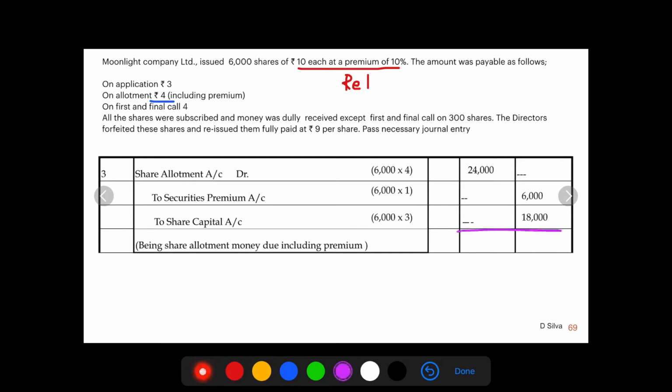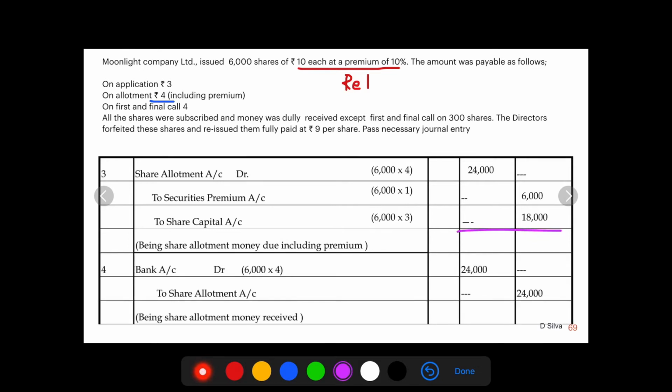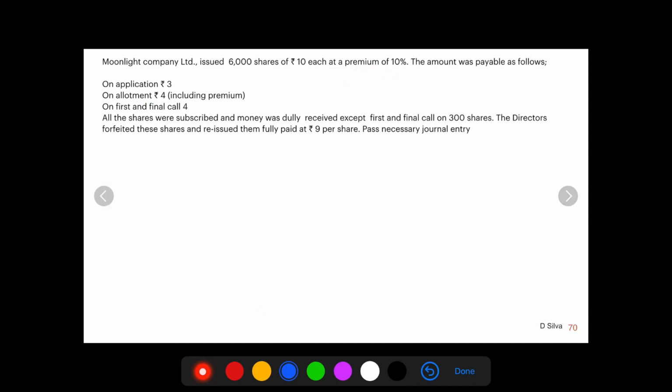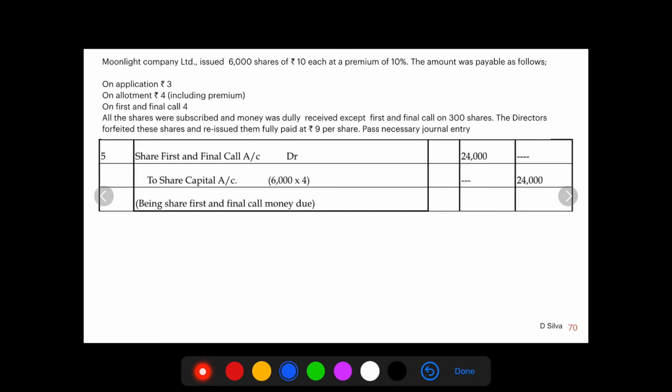Now including the premium money, we are going to receive the share allotment money. So that is going to be bank account debit to share allotment account. On 6,000 shares of rupees 4 each, 24,000 is being debited and credited. That is because as per the question, we have fully received the money on allotment. The next journal entry is with respect to first and final call.